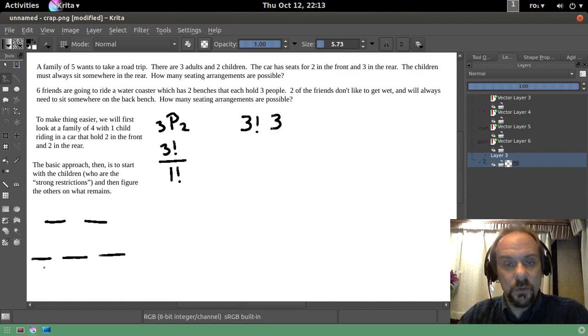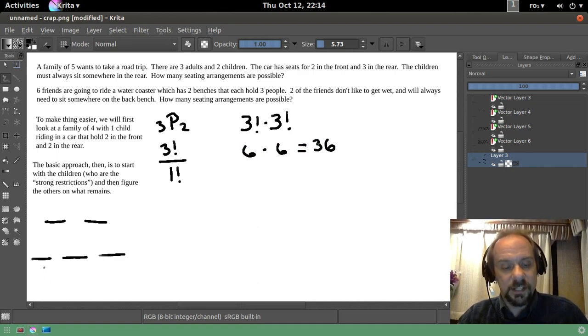We're not permuting over anything. It's just 3 adults taking up 3 seats. So we have 3 factorial times 3 factorial, 6 times 6, which equals 36, if my math stands, which, as everyone knows, it really doesn't. So that takes care of that problem.